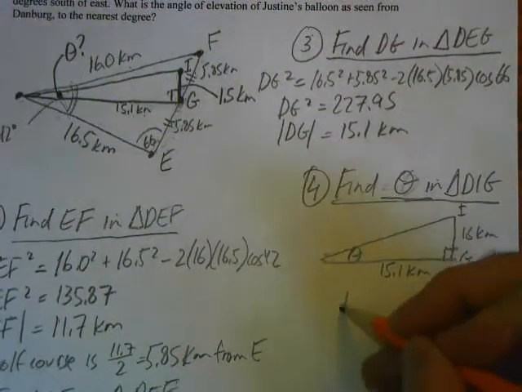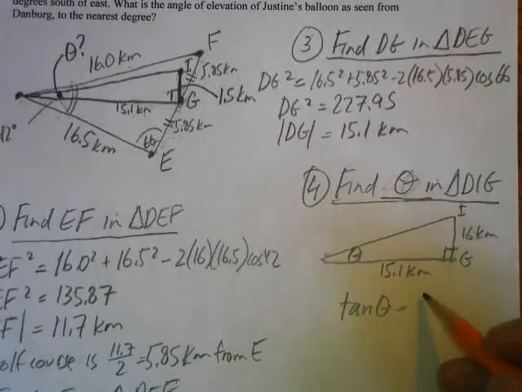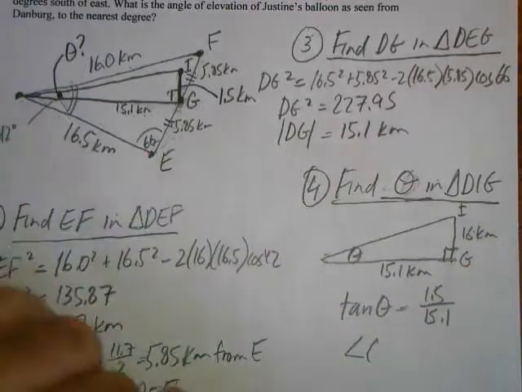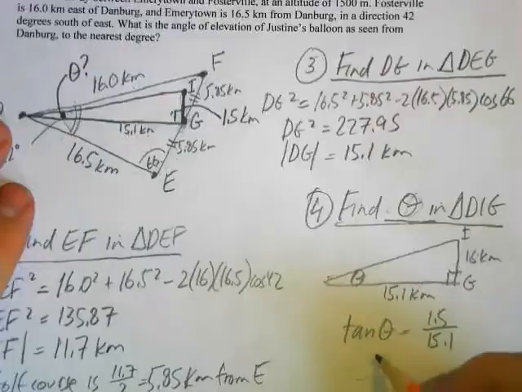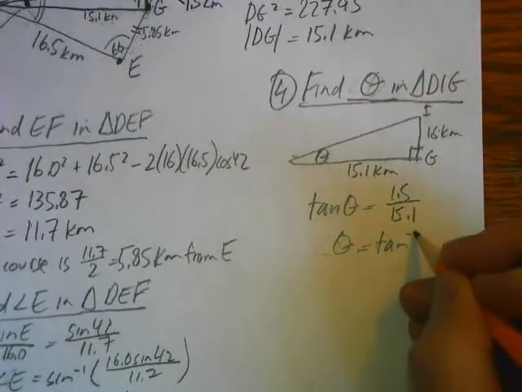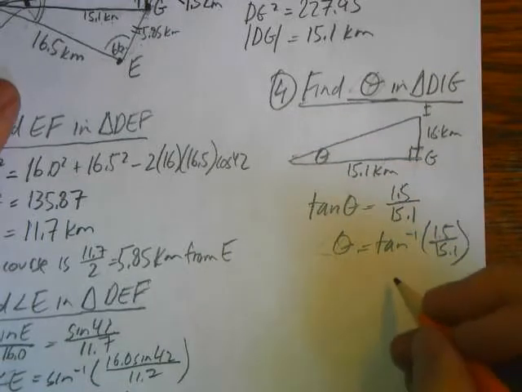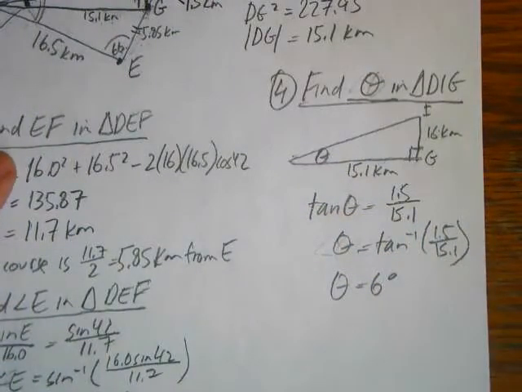Okay, so tan of theta is equal to opposite over adjacent, 1.5 over 15.1. So theta is equal to tan inverse of 1.5 over 15.1, and that's equal to 6 degrees, rounded to the nearest degree.